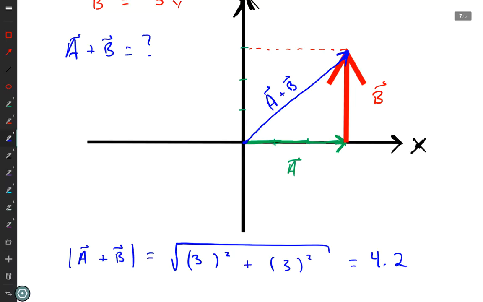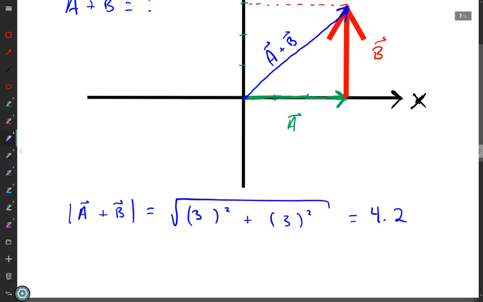What about its direction? Well, it's not just positive x, and it's not just positive y. So what's it going to be? What we do, and there are different ways of writing this. One way of writing the answer is actually the component way.